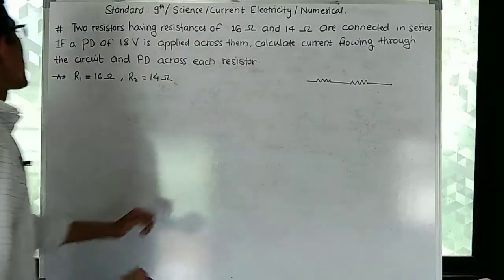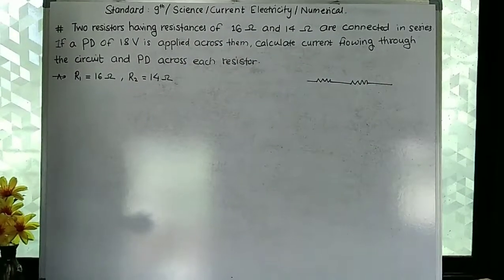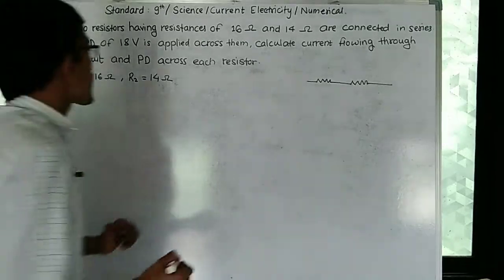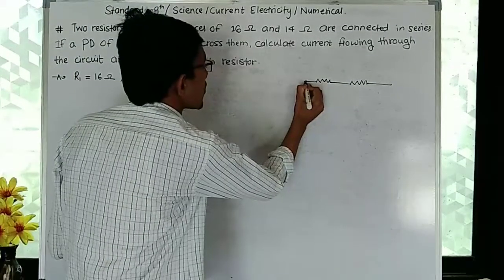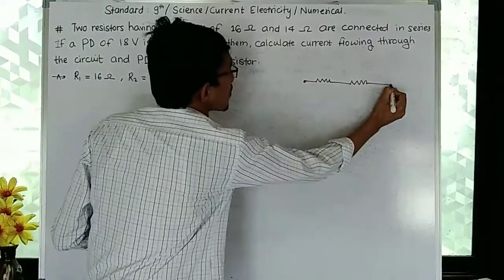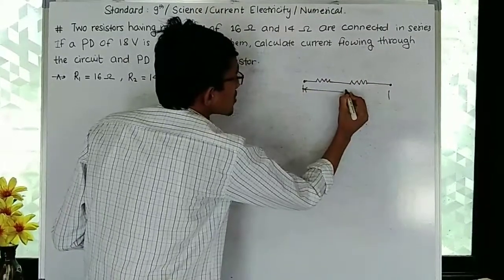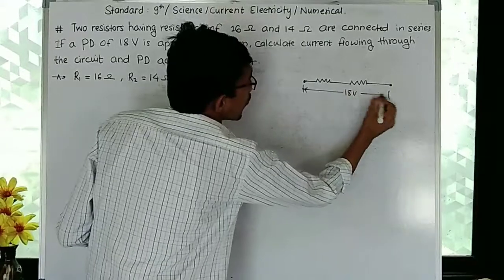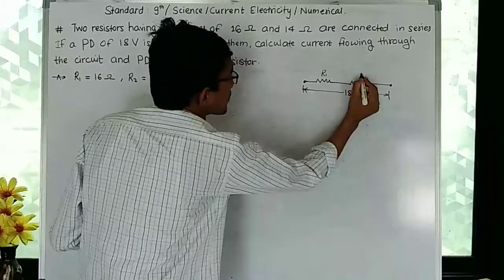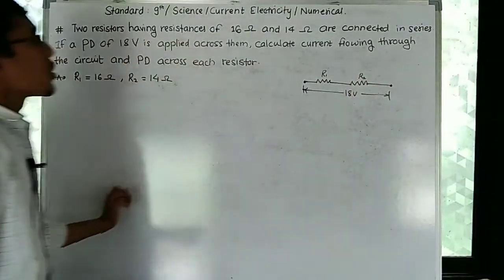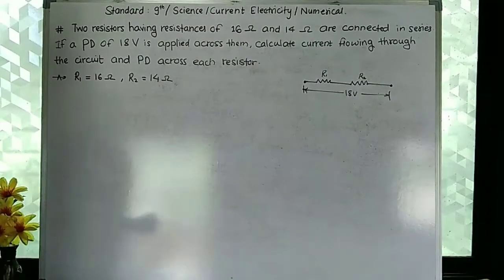If the potential difference across these two resistors is 18 volt, calculate the current flowing through the circuit and potential difference across each resistor.